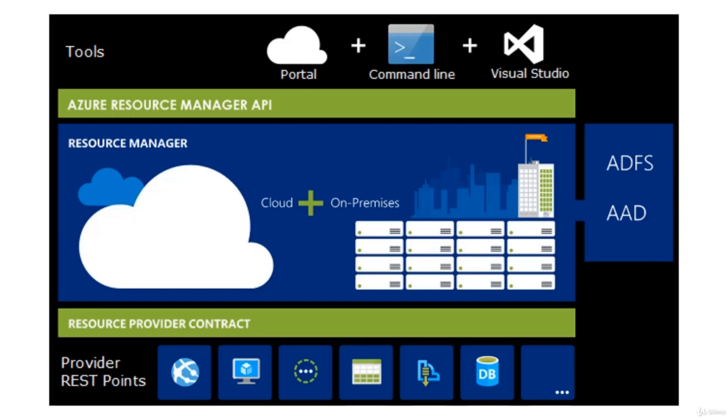Now, there are many different benefits to using the ARM, Azure Resource Manager, model, and those include the ability to deploy things as a group, so you can create multiple servers, multiple networks, and put them together as a package and deploy that all in one. You can repeatedly deploy these things, and so you have what are called ARM templates, which allow you to deploy the same solution every single time with no variance.